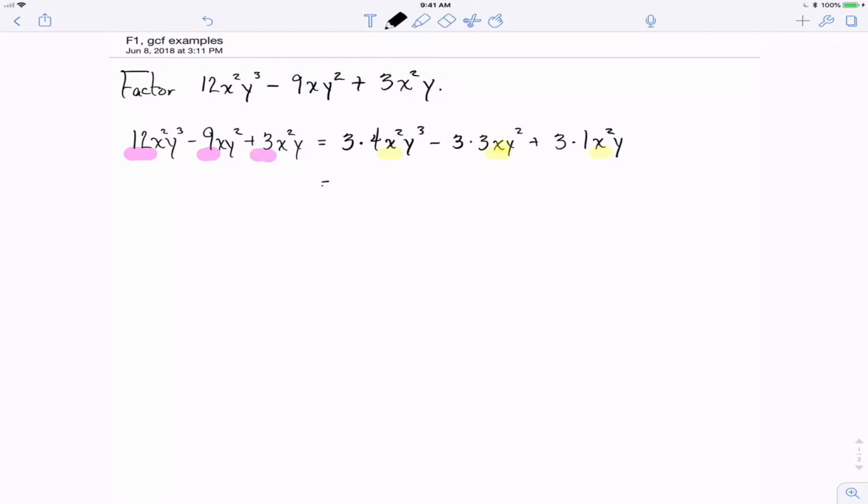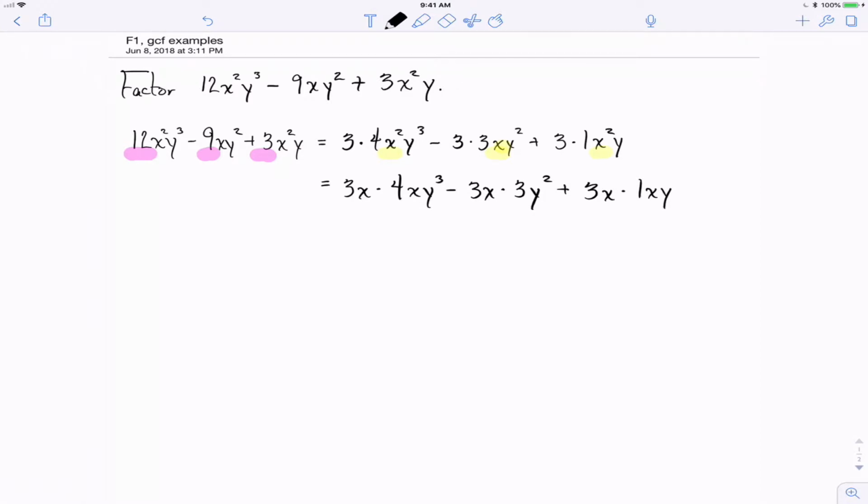Now our greatest common factor actually has an x in it. So I'm going to write this as 3x times 4xy cubed minus 3x times 3y squared plus 3x times 1xy.